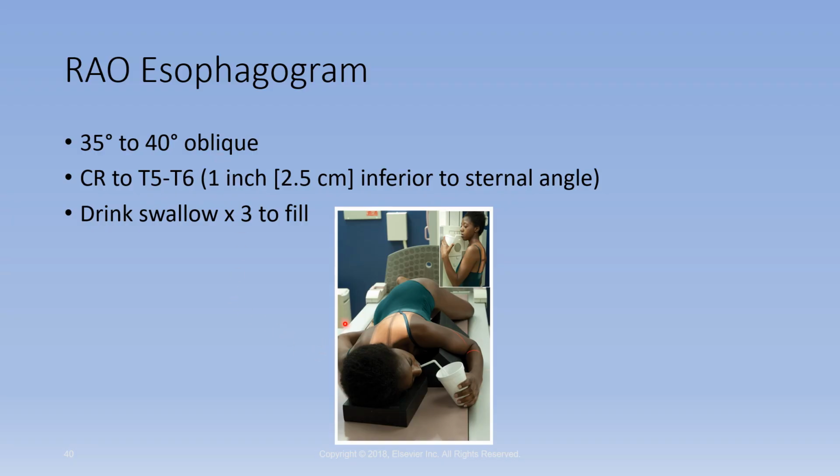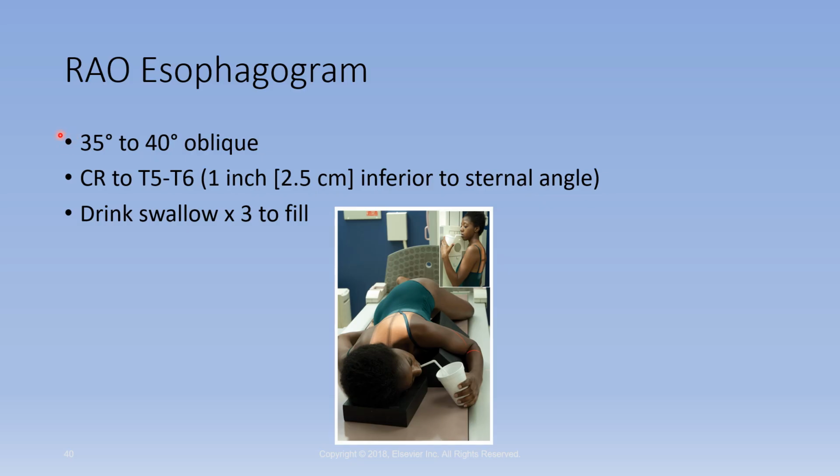Their right arm is down behind them by their side, and the left arm is bent like this to hold the barium cup. This is the same image, different model, in figure 12.82 on page 490. Okay, so 35 to 40 degree oblique.